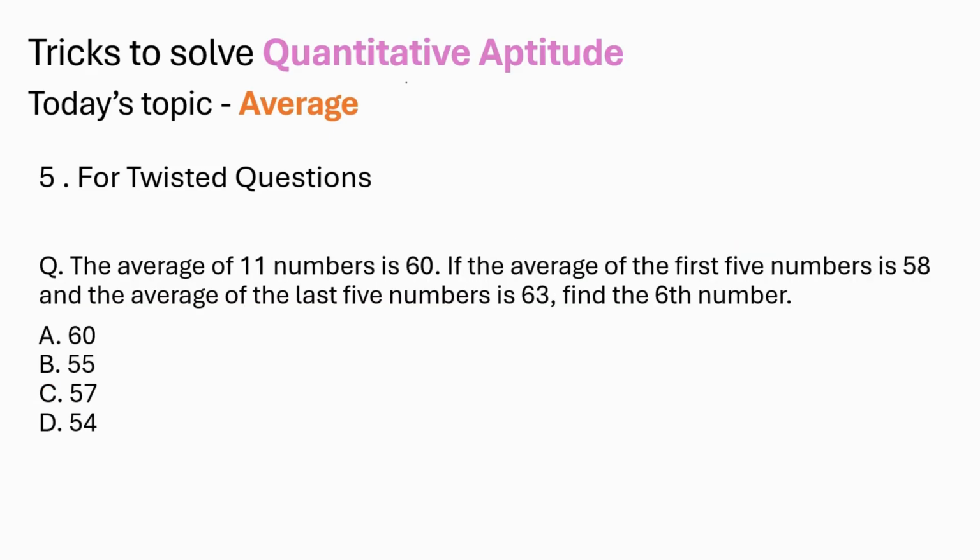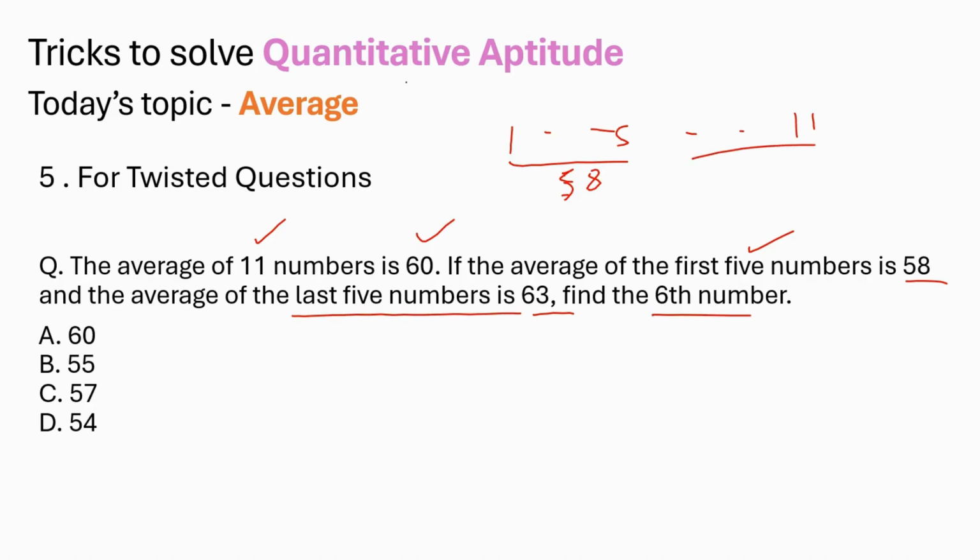Next question: the average of 11 numbers is 60. If the average of the first 5 numbers is 58 and the average of the last 5 numbers is 63, find the sixth number. So there are numbers 1 to 11, the first 5 have average 58, and the last 5 have average 63. We need to find the sixth number.